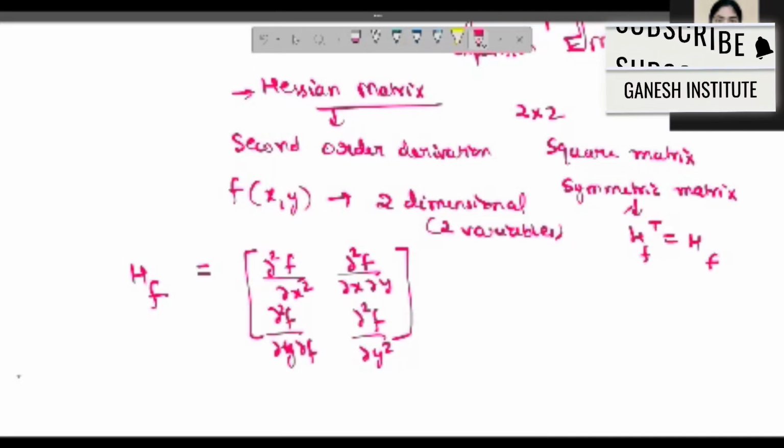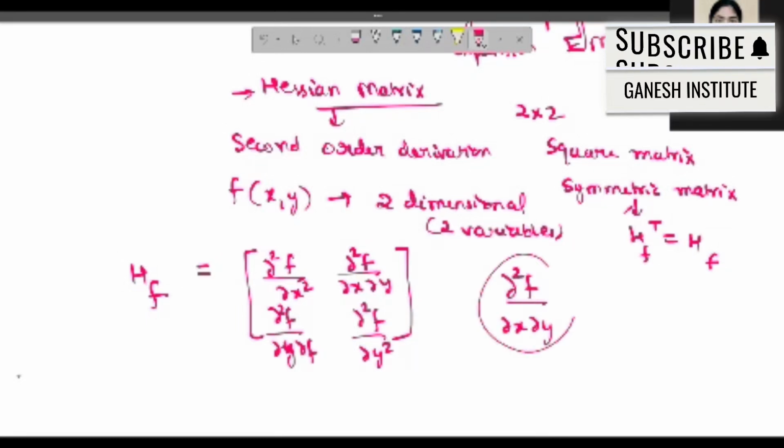That's why you will find out that if you calculate this, it's the cross partial derivative. The derivative has to be taken with respect to y or x first. First is x and then y.